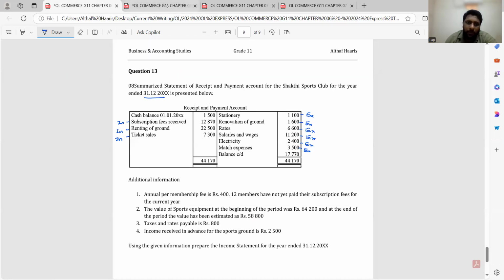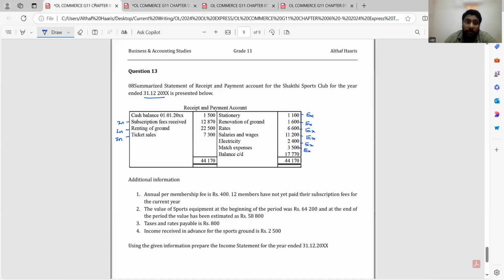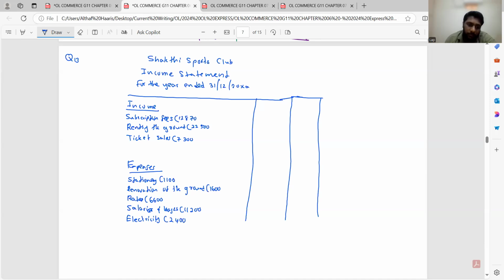Electricity 2,400. Match expenses 3,500. Okay. So we are done with the base things. So we recorded everything. Next, we have to do the adjustments. Now we have to do the adjustments.